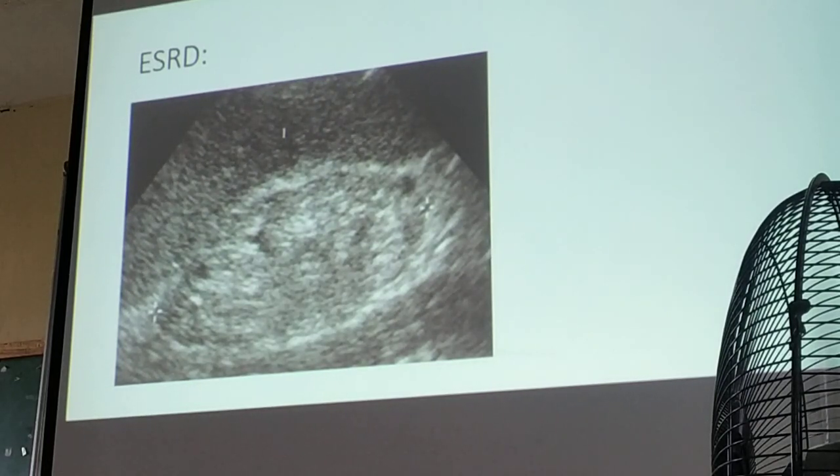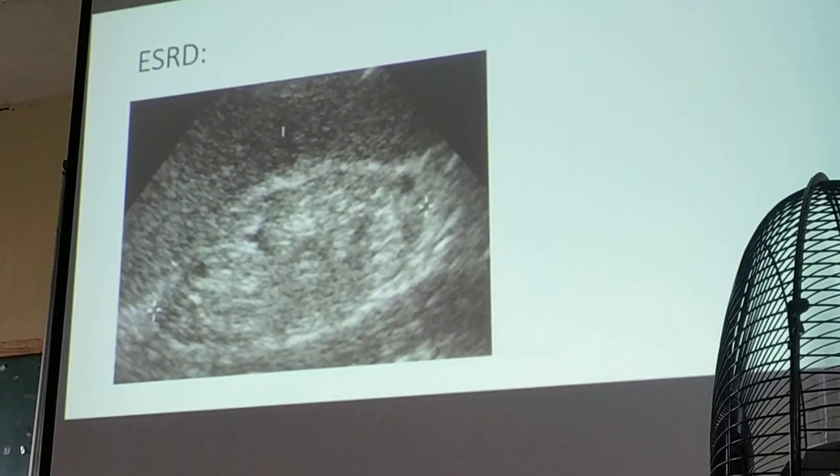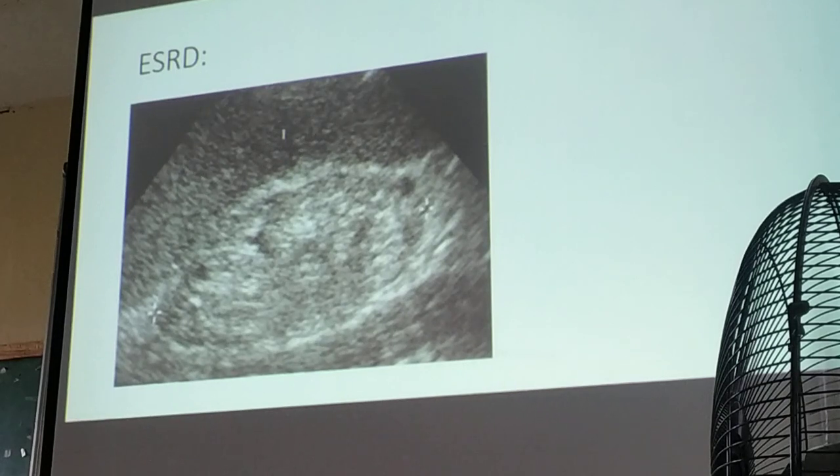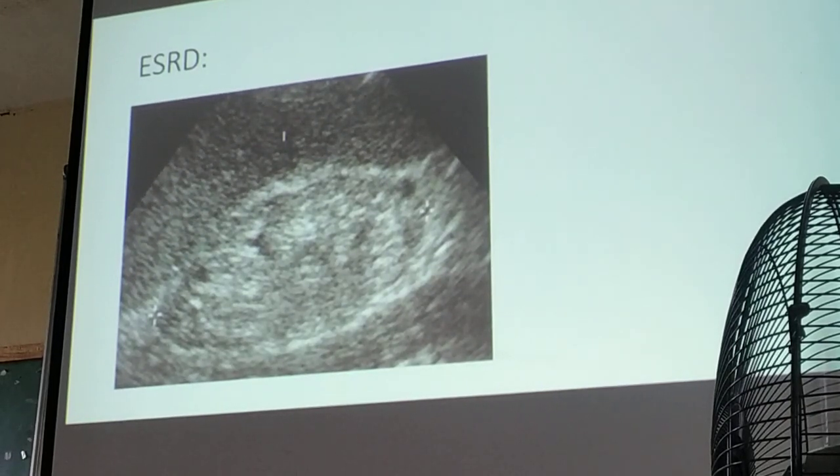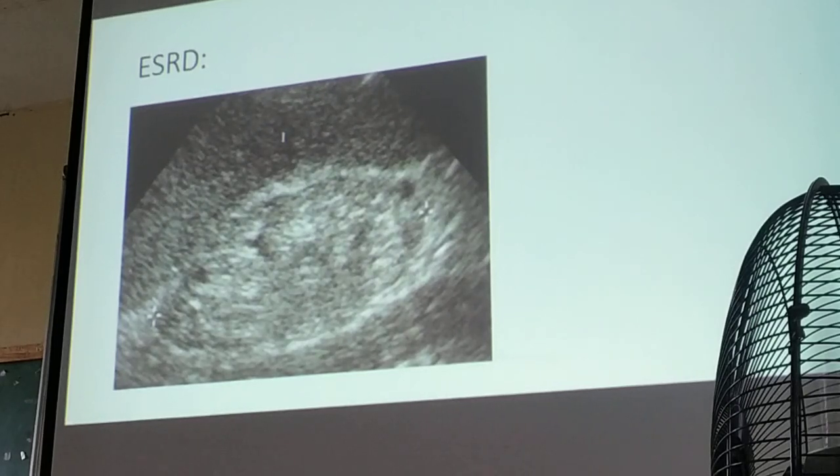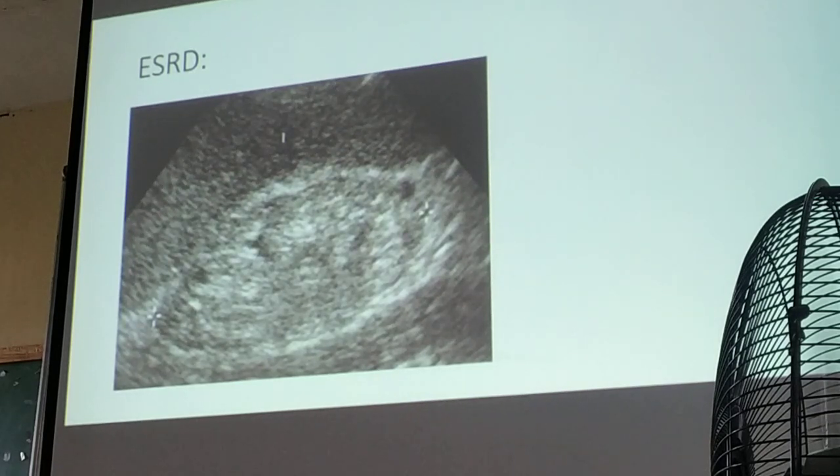What could be the normal landmarks in your normal renal ultrasound that would no longer be appreciated in end-stage renal disease? Aside from the size, definitely the size would be affected. If it's end-stage renal disease, definitely the kidneys shrink. Okay?